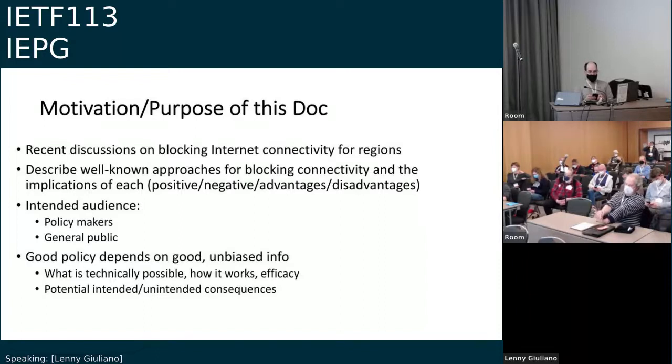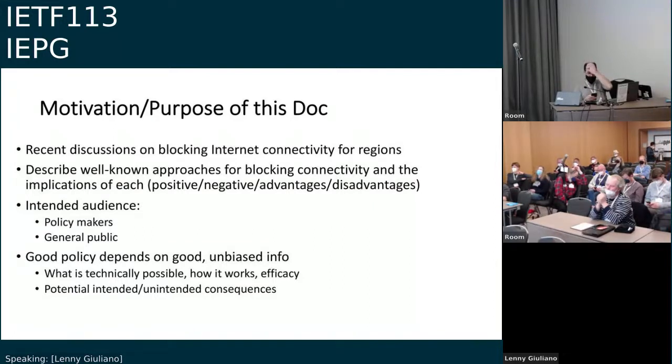Kind of the internet version of economic sanctions or connectivity sanctions. So what we wanted to do is to describe, well, what would that look like? What would be some of the ways in which this kind of blocking could be accomplished? And what are the implications?